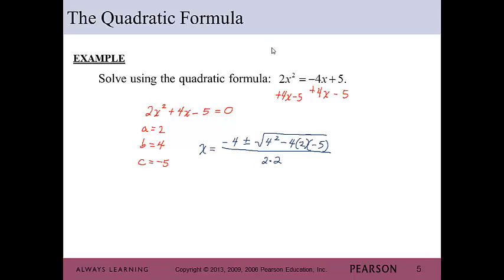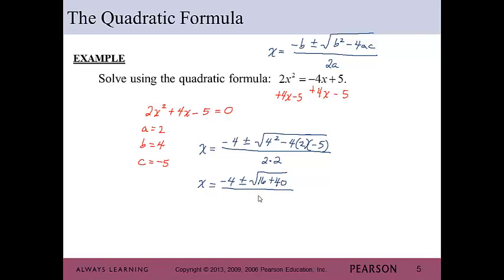So remember that your quadratic formula is x equals negative b plus or minus the square root of b squared minus 4ac, all divided by 2a. So this becomes negative 4 plus or minus the square root of 16 plus 40, all divided by 4.